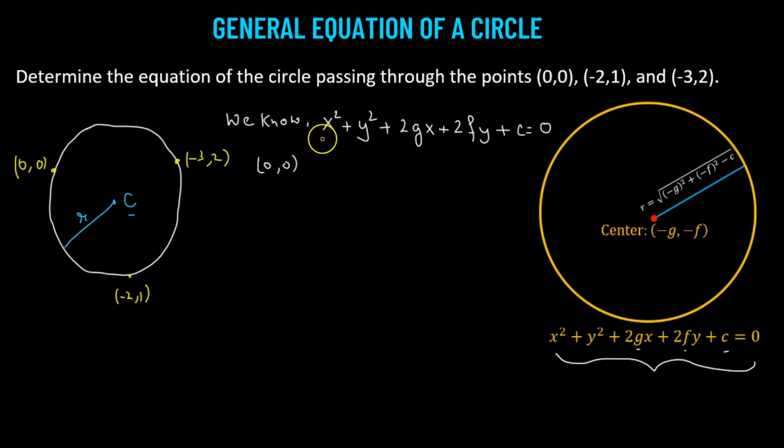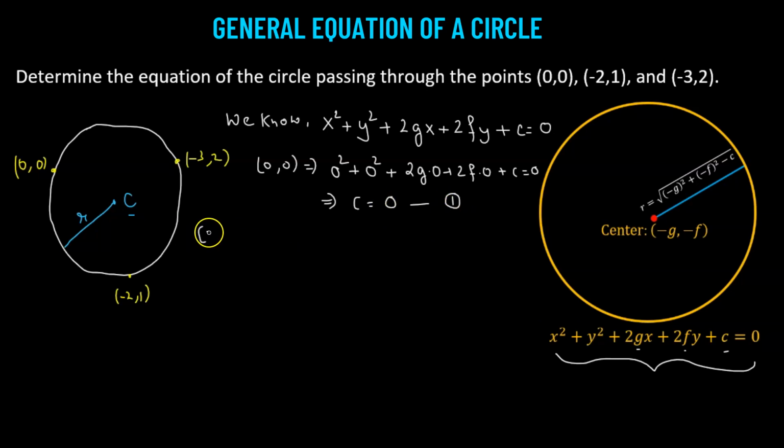That means if we replace the value of x with 0 and y with 0, it's going to satisfy the above equation. So let's do that. We have 0 squared plus 0 squared, since the circle is passing through the origin, plus 2 times g times 0 plus 2 times f times 0 plus c equals 0. So our c value comes out to be equal to 0. Let this be number 1.